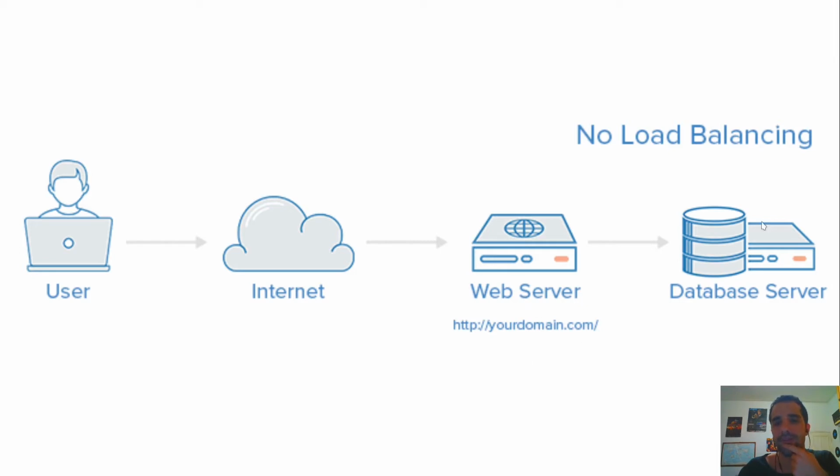Your web server fetches that from the database, and then returns that to your user, okay? That's what will happen. But if the number is too much, that is going to take longer, okay? And I already told you what can happen.